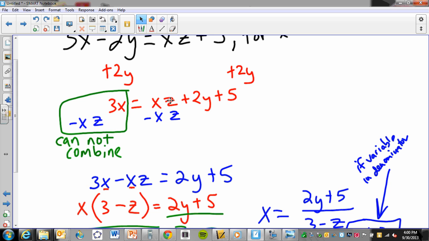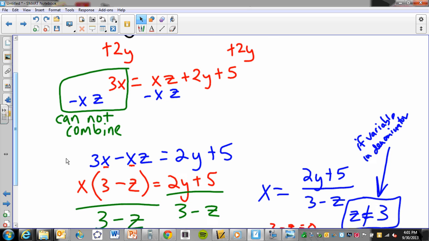Now let's move this x over here to where we have our x's by itself. If this is just 0 plus xz, let's subtract xz from both sides. These cannot be combined, so it's not going to be negative 3xz or anything like that. It will be just 3x minus xz equals what's left over here, 2y plus 5.